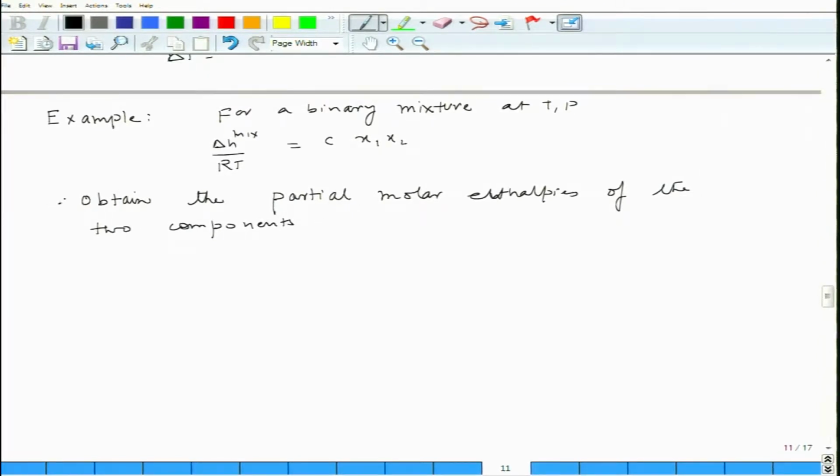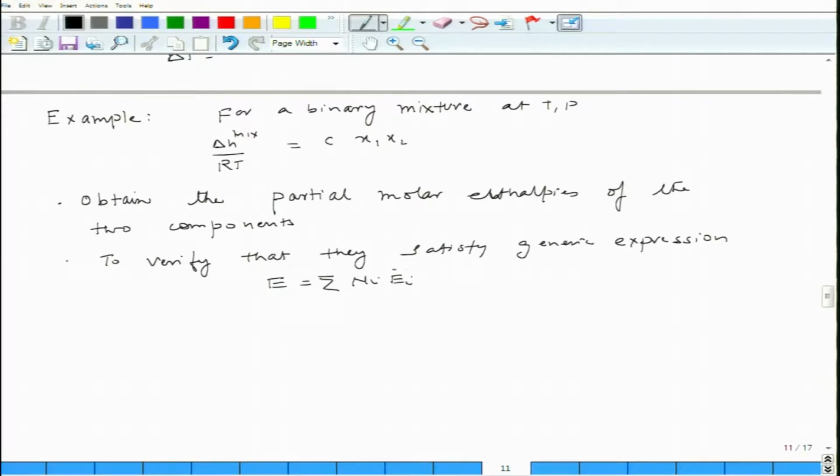That's question number 1, and the second part is to verify that they satisfy the generic expression E as summation Ni Ei bar. So, E basically in this case is nothing but H.